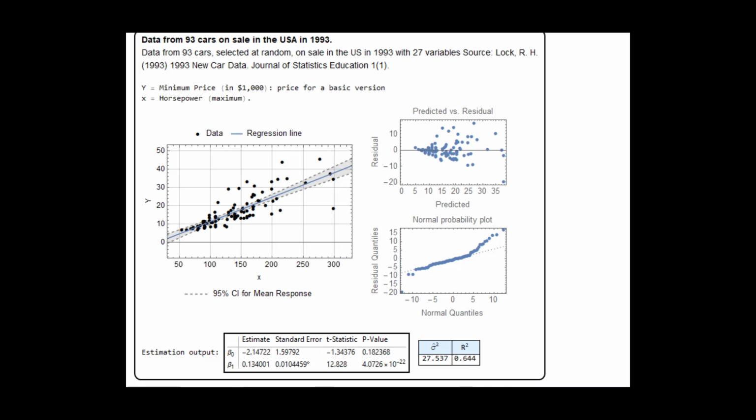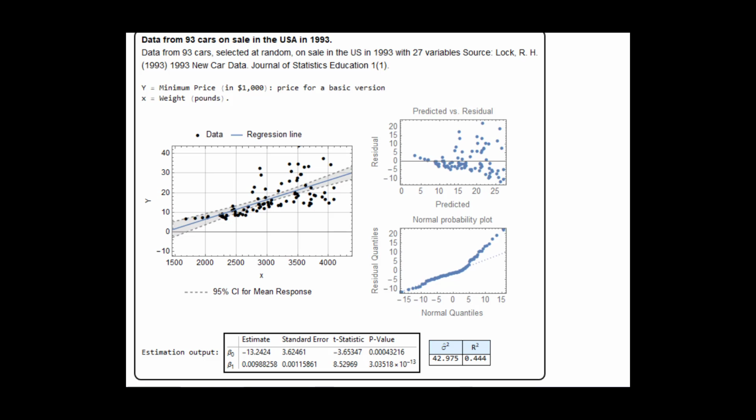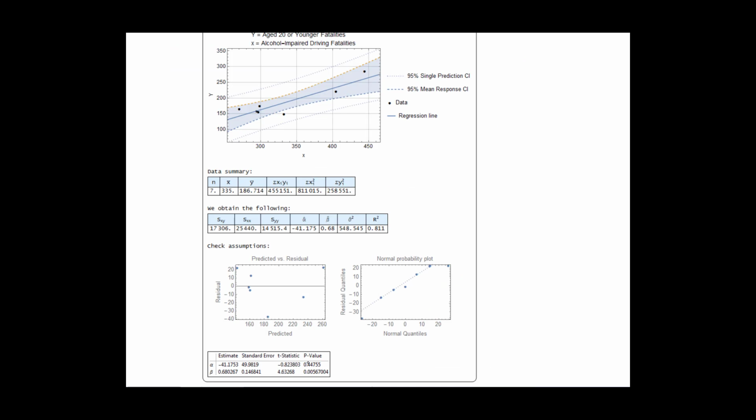And the normal probability plot is not very good either. Same thing here. Now, these are a lot fewer data points, you see, and these are fatalities. These are safety variables in Georgia, I believe.